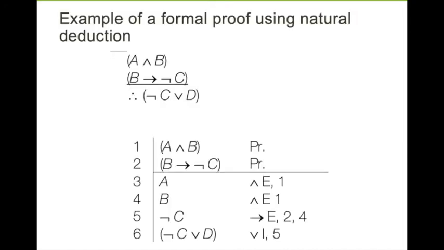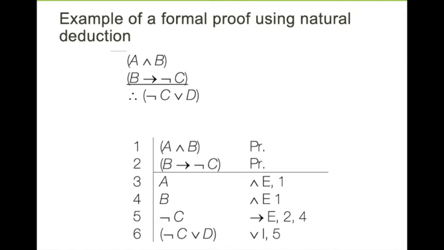Let's look at an example to see those elements of the proof in place. So our goal right now is not to work through every detail of this proof. We're not quite ready for that yet. But I want to give you a basic sense of how these proofs are organized.